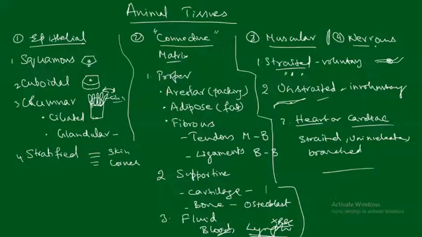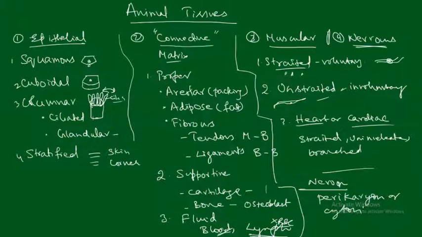Then coming to the nervous tissue, all of you know that the nervous tissue is made up of neurons. These are specialized elongated cells, and the cell body is known as the perikaryon or cyton.